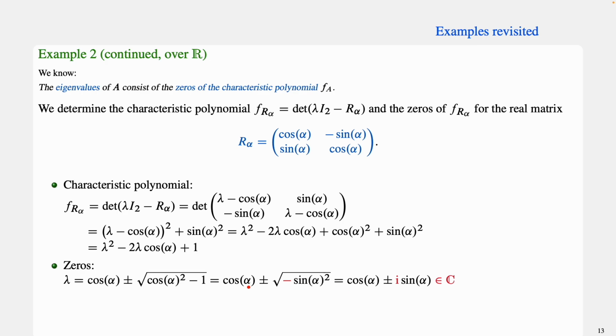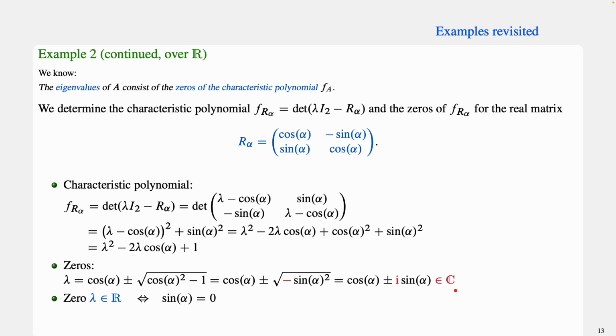So this will be cosine alpha plus minus i times sine alpha. So the square root of minus 1 introduces this imaginary number i times the square root of the real factor sine alpha squared, which is just sine alpha. So the zeros of this characteristic polynomial are in general complex numbers.